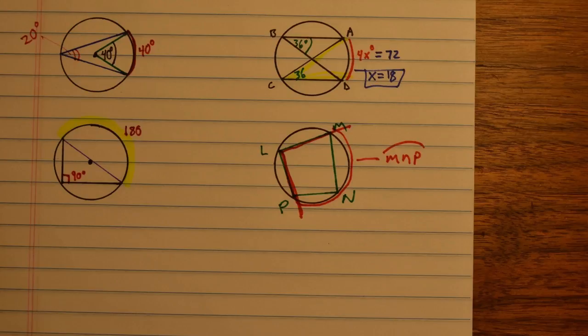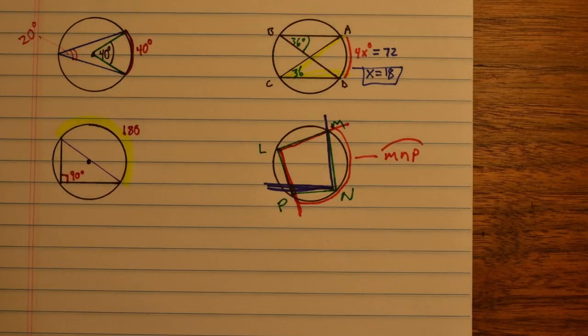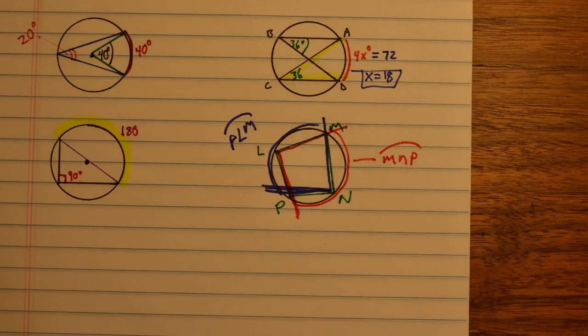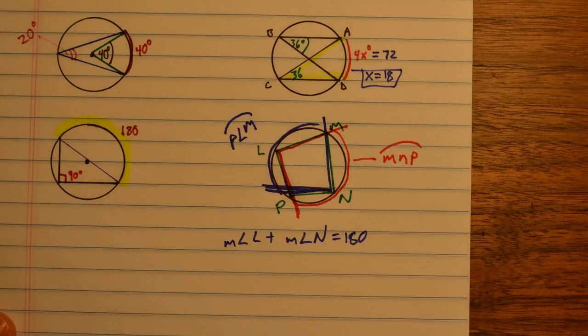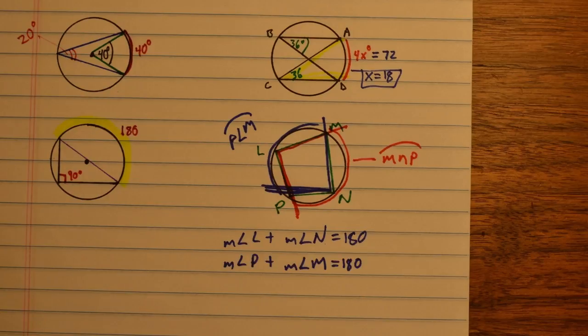The angle opposite L is N, and angle N intercepts PLM. Well, those two arcs, the red and the blue, make one full circle. And so therefore, angle L and angle N, their measures have to sum up to 180, and similarly angle P and angle M also add up to 180.